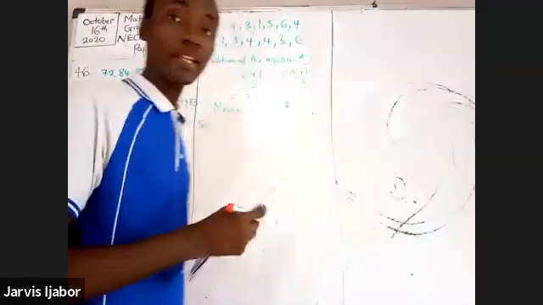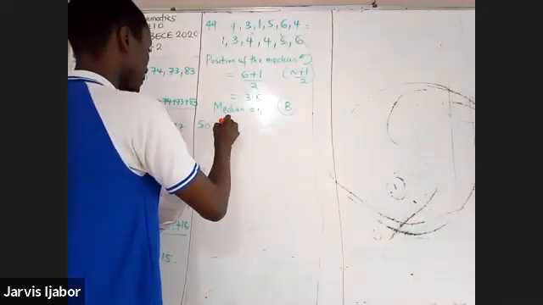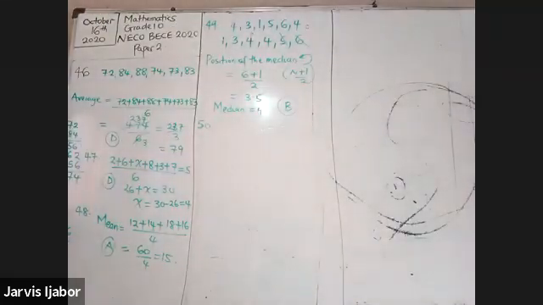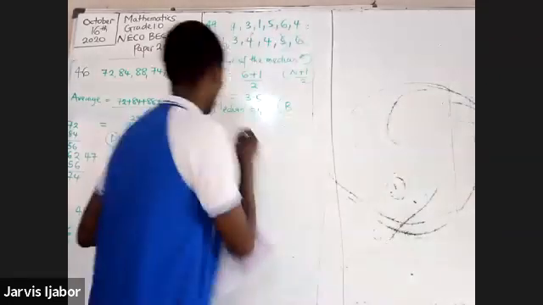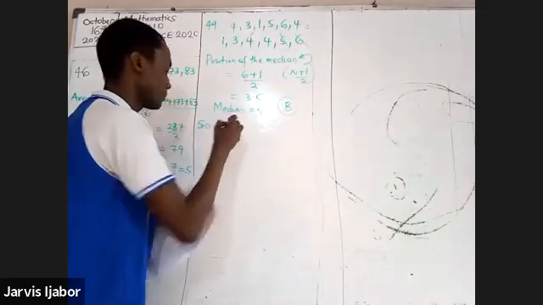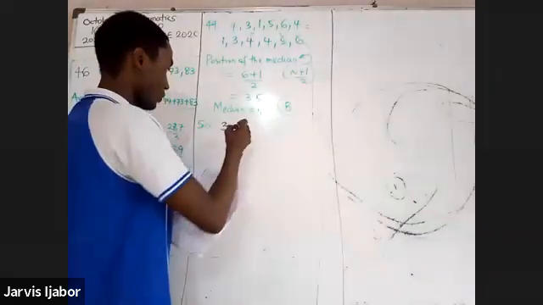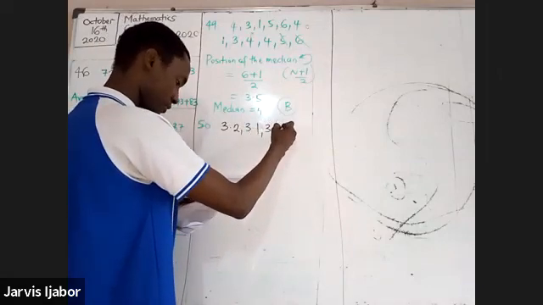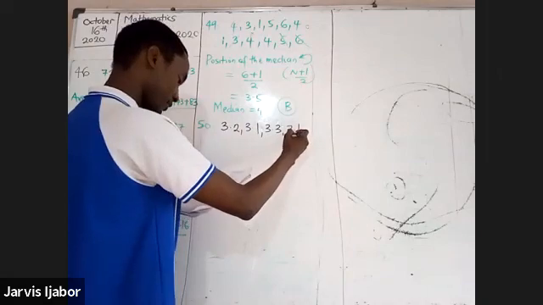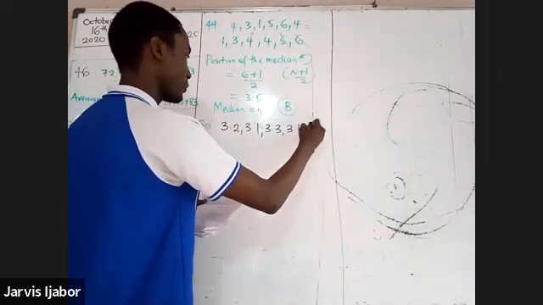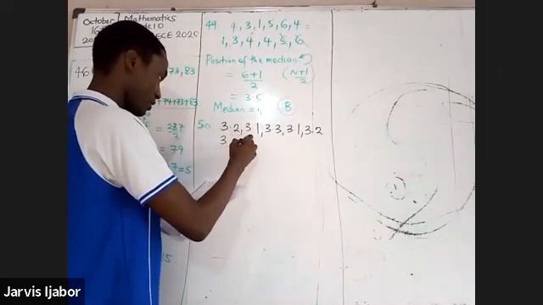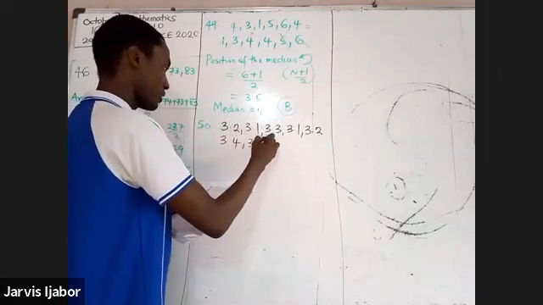We have 3.2, 3.2, 3.1, 3.3, 3.1 again, 3.2, 3.4, 3.3, and then 3.1.